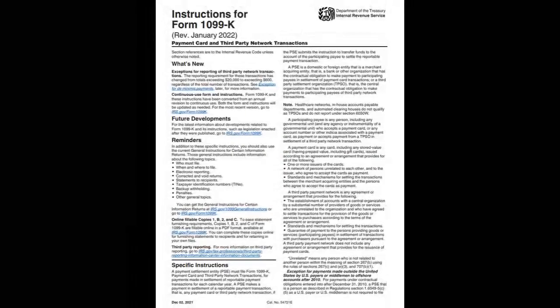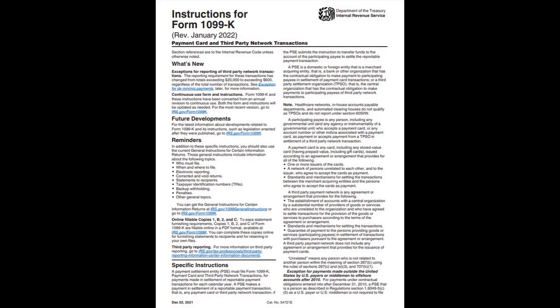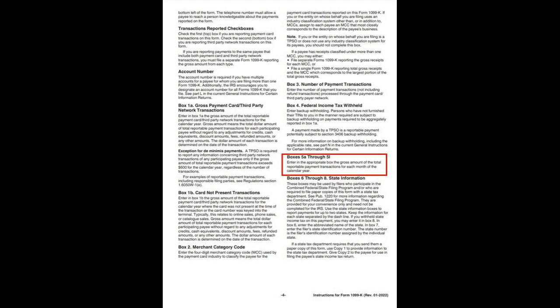According to the IRS instructions for Form 1099-K, the only things that are supposed to be entered into boxes 5A through 5L is the gross amount of the total reportable payment transactions for each month of the calendar year.